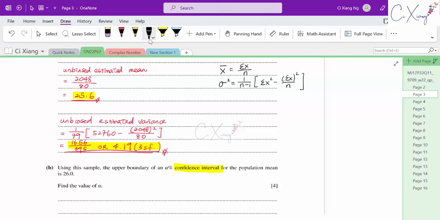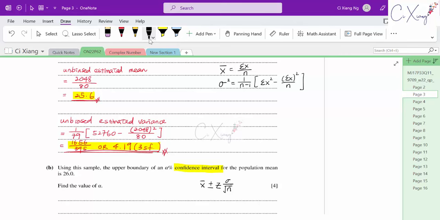For the formula of the confidence interval for the population mean, the limit formula will be the sample mean plus minus z multiplied by sigma over square root n. This is a general formula for the limit of the confidence interval.